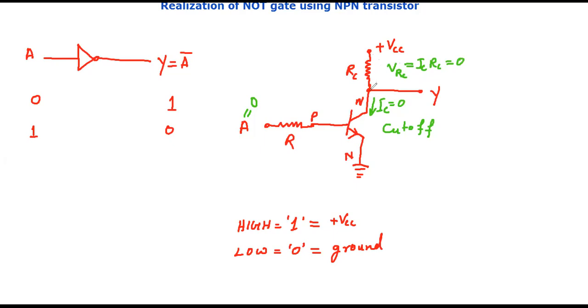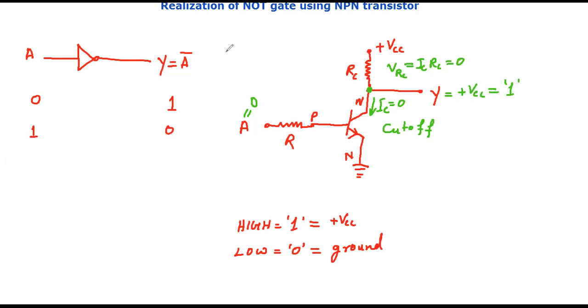So at output, at this point, whatever supply voltage we have fed will appear. So output will be plus VCC. That means it is logical 1. So whenever we apply 0 at the input, we will get 1 at the output.